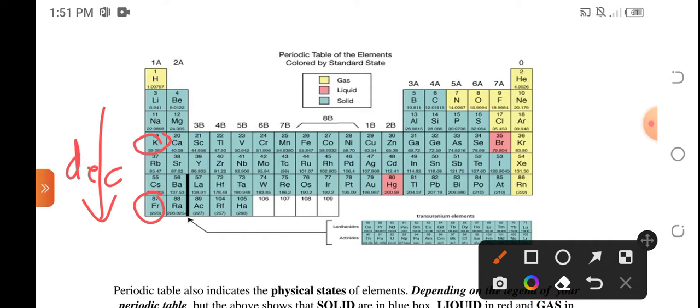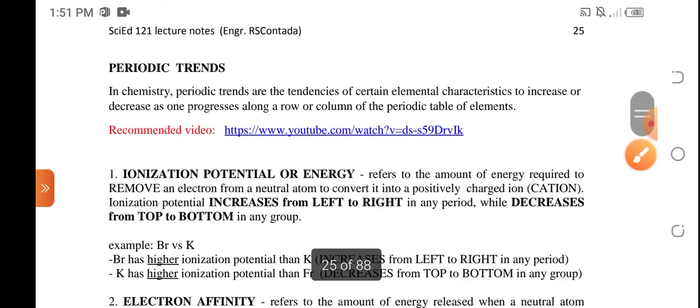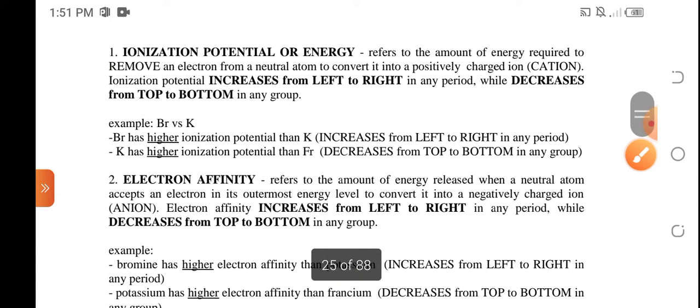When we say decreasing, the one on top has higher ionization potential and the one at the bottom will have lower ionization potential. So it is just true that potassium has higher ionization potential than francium kasi it is located on the upper part of the periodic table. Okay, so that's the trend for ionization potential.